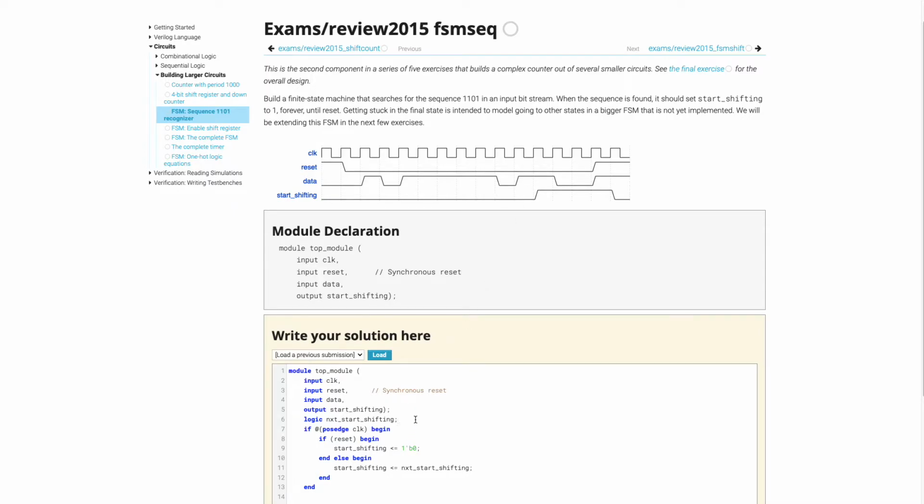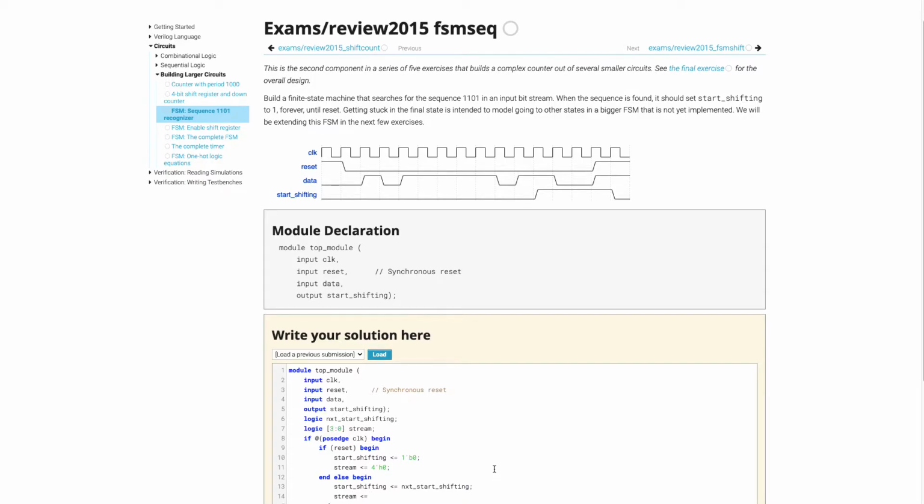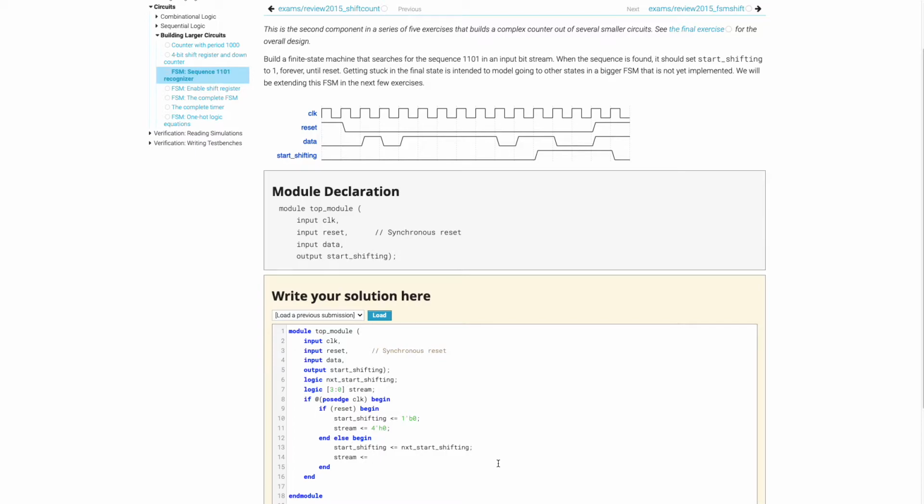So which would be most convenient? I want to shift it in LSB, because 1101 means 1, 1, 0, 1.